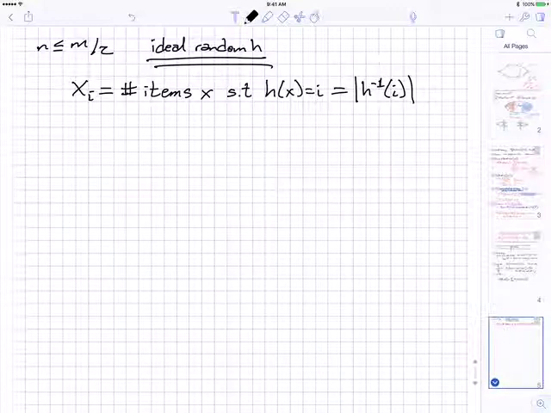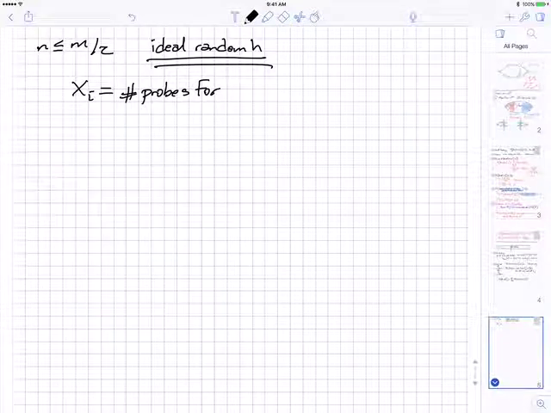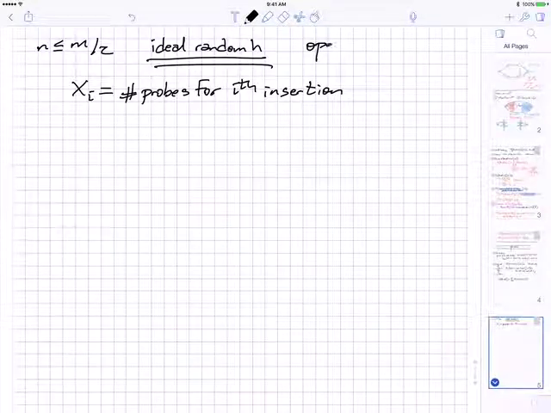This is the number of probes for the ith insertion. This is an open addressed hash table.